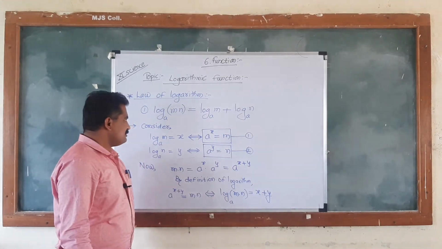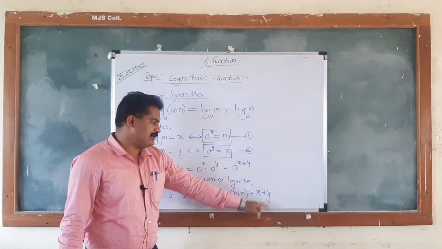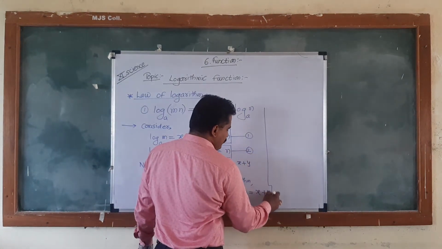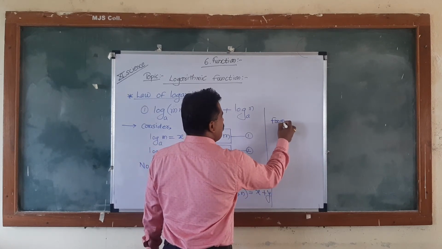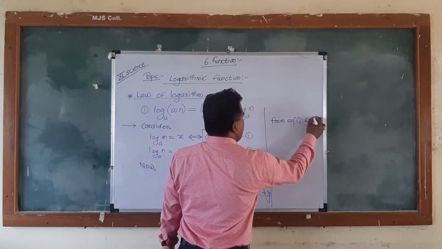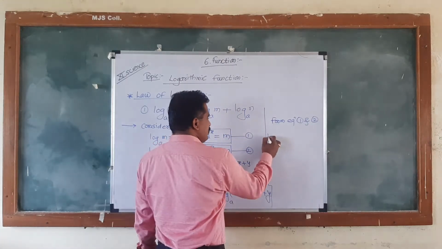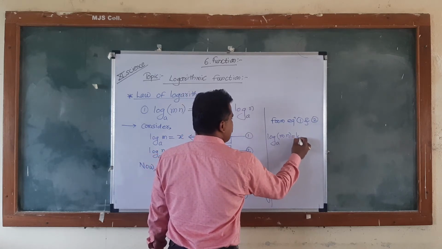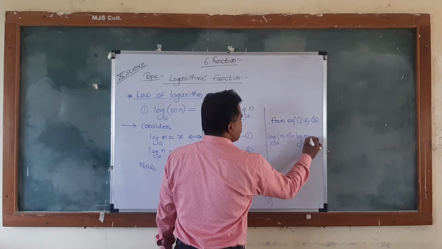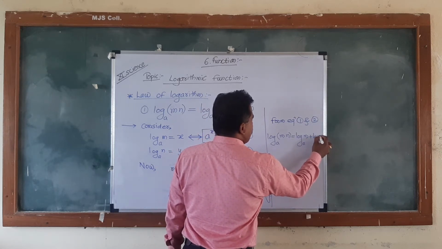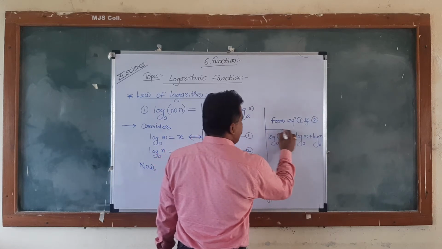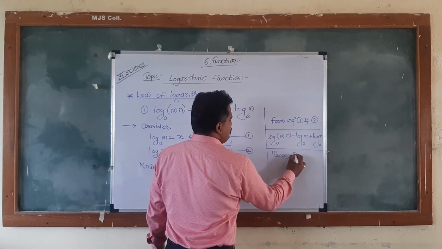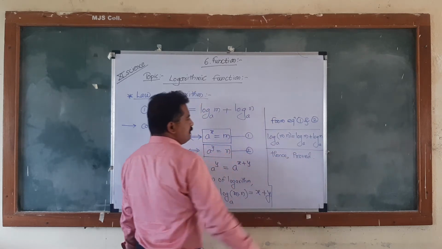Therefore, we can change x and y by equation 1 and equation 2. From equation 1 and 2, log of m into n to the base a is equal to log of m to the base a plus log of n to the base a. Hence proved.